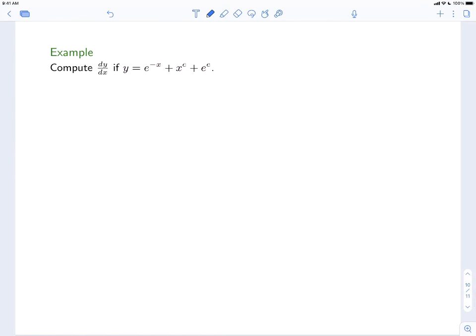Let's compute dy dx, or the derivative of y with respect to x, if y is equal to e to the negative x plus x to the e plus e to the e. Well, this is a sum of three terms, and we can differentiate them term by term. dy dx is the derivative with respect to x of all of these terms, e to the negative x plus x to the e plus e to the e.